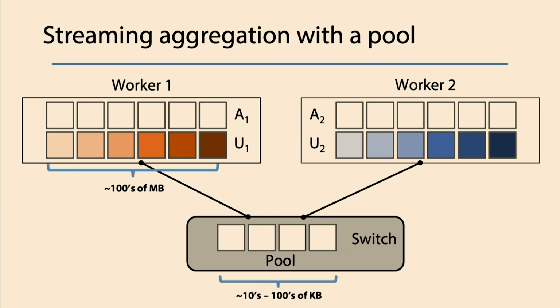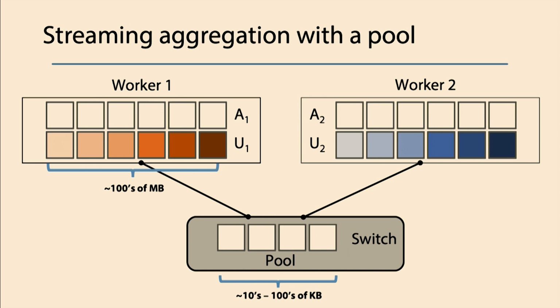In our implementation, this is 32 elements. This is what we found easy to process on the switch. And we need just enough of these slots to cover the bandwidth delay product between the switch and the worker, and so that just means a couple hundred kilobytes rather than hundreds of megabytes.